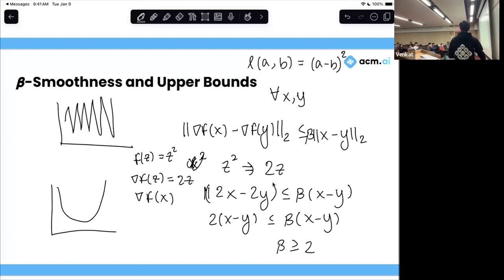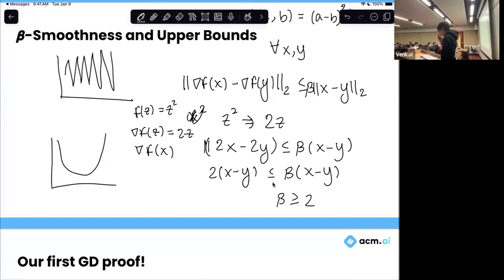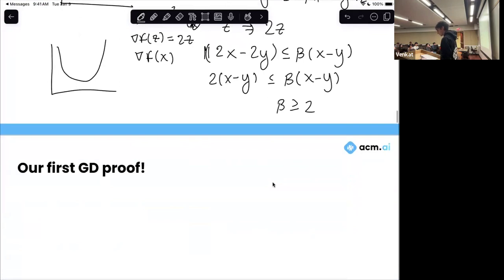All you need to really know is smoothness is talking about quite literally how smooth a function is. We don't want our gradient to be changing too much. We want it to be changing with respect to the difference in our actual points. So smoothness allows us to define something called a smoothness upper bound as well. Basically the smoothness upper bound is something based on a Taylor series expansion.